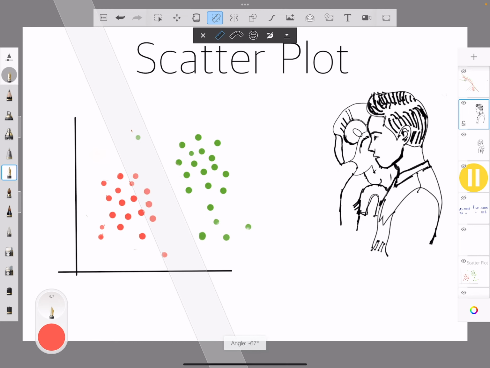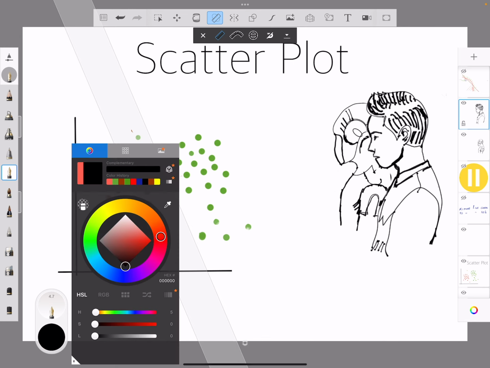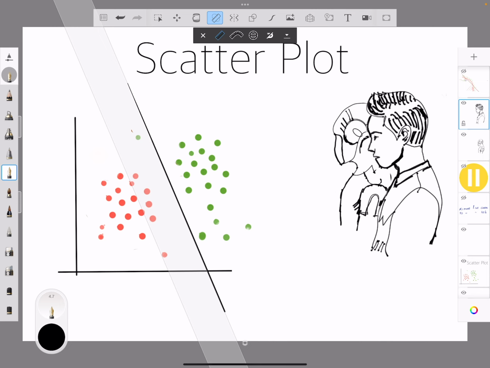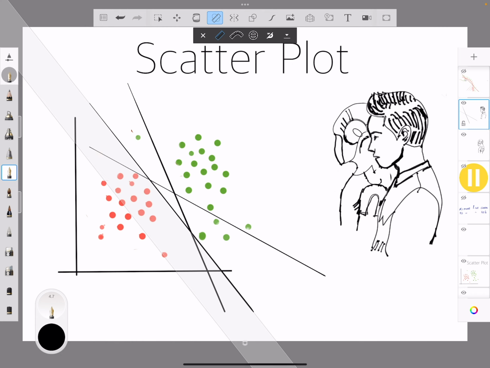One of them I'm going to select its color. This is the first one, and I make another one something like this, and one more like this. Let me add one more here.